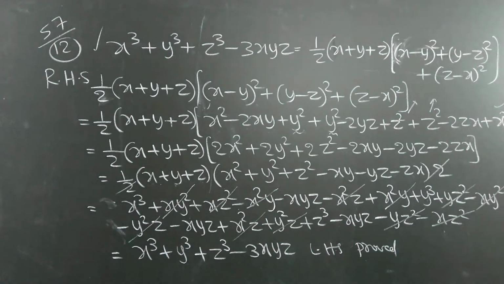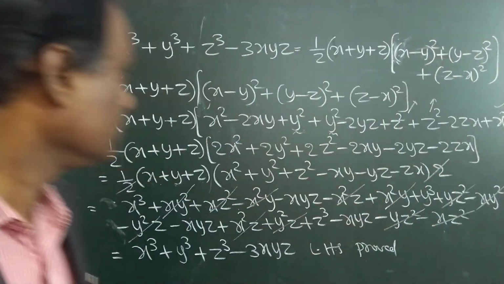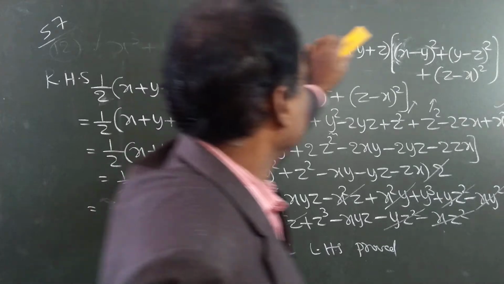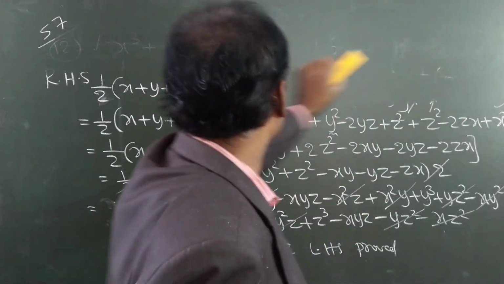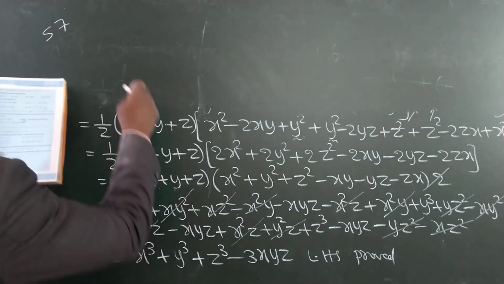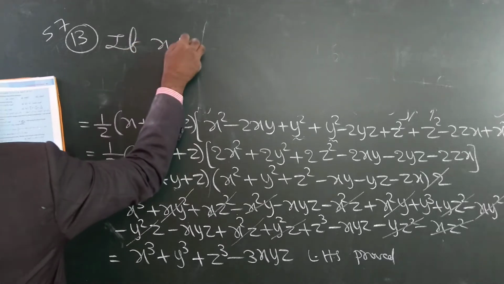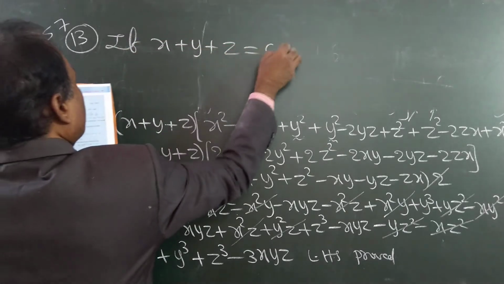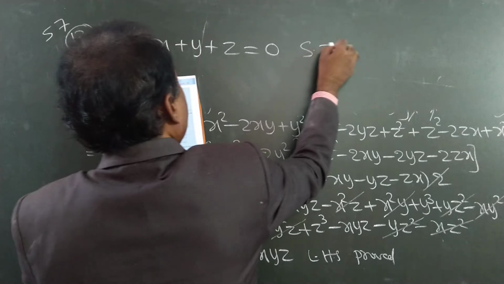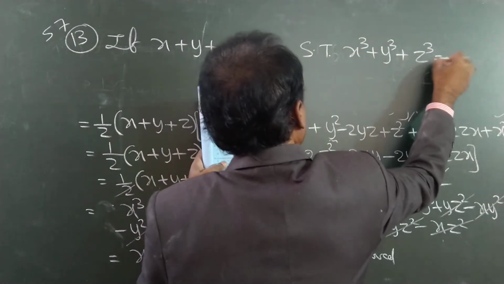Next, thirteenth problem. This is important. If x plus y plus z is equal to 0, show that x cube plus y cube plus z cube is equal to 3xyz.